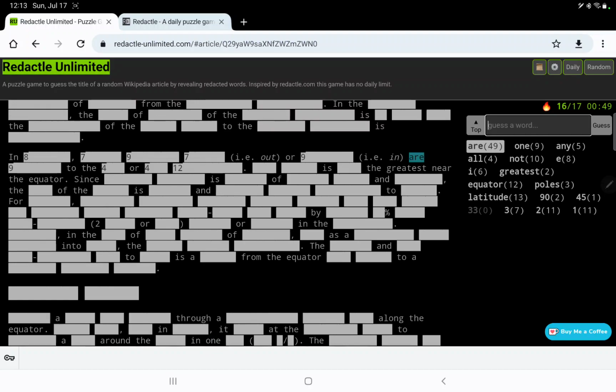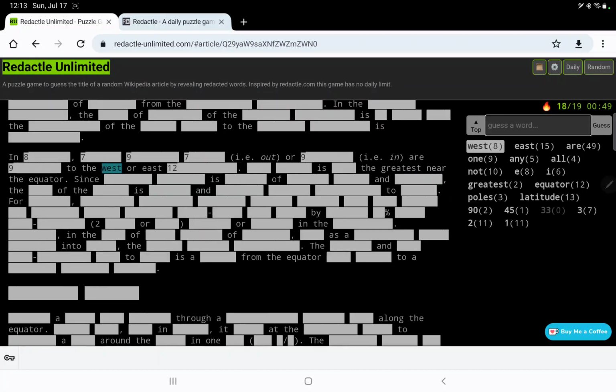"In something, the out or the in are something to the 4." How about east? Or west? Well, west or east. And then I'm not sure what the 12 is.